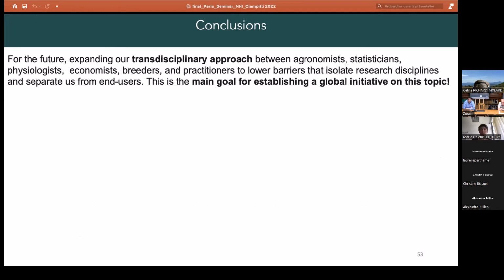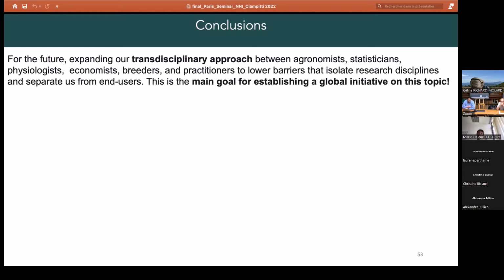Today we're working with agronomists, statisticians, plant and crop ecophysiologists, breeders, farmers. So really thinking about how we can develop larger, more international teams, to reduce that kind of barrier that we have with people working in silos, and trying to get us connected in this.